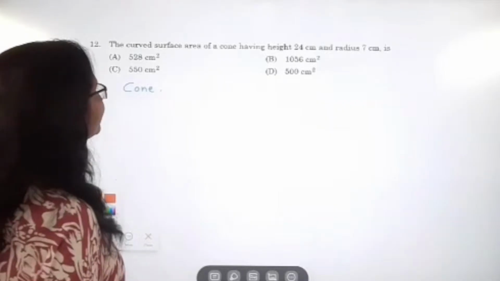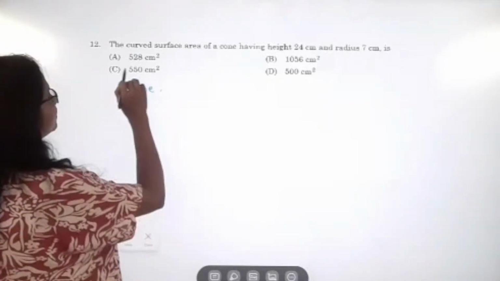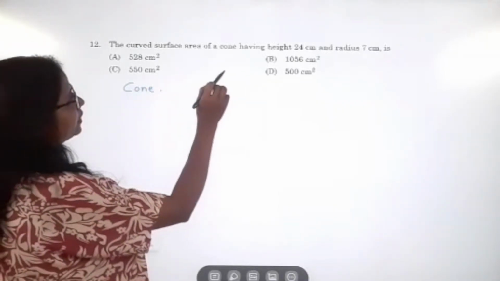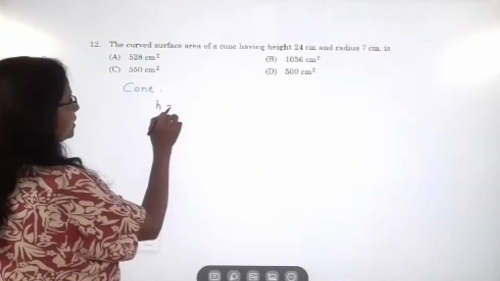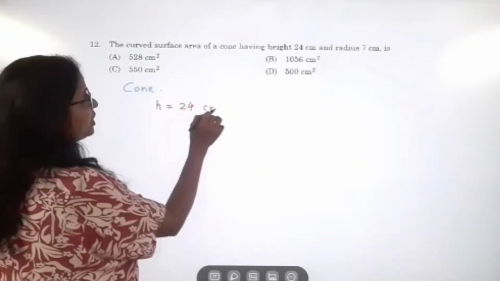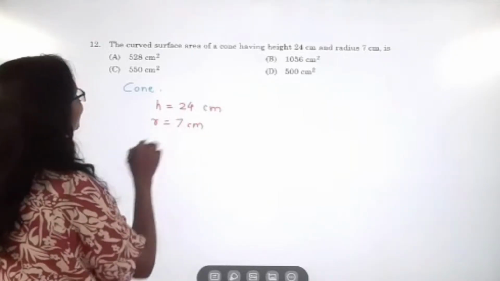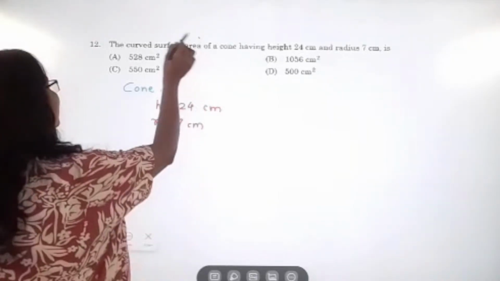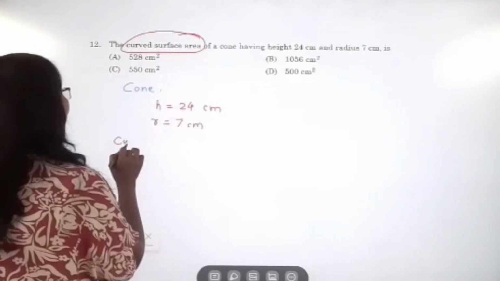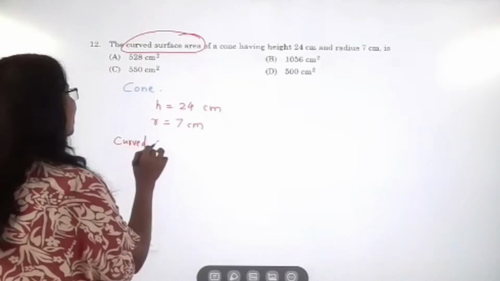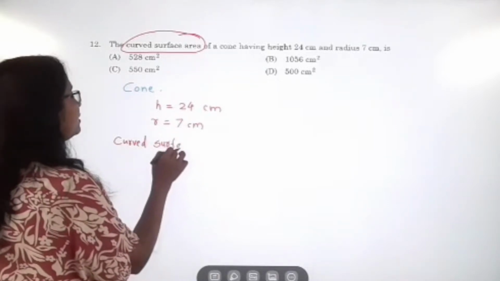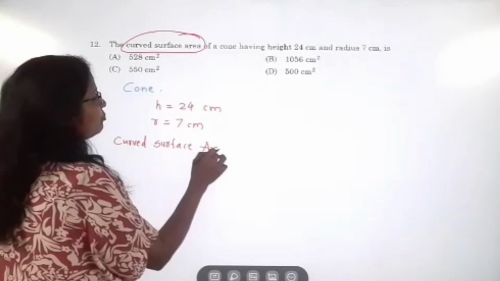Height is 24 centimeter and the radius, that is r, is equal to 7 centimeter. We have to find out the curved surface area, which is equal to question mark.